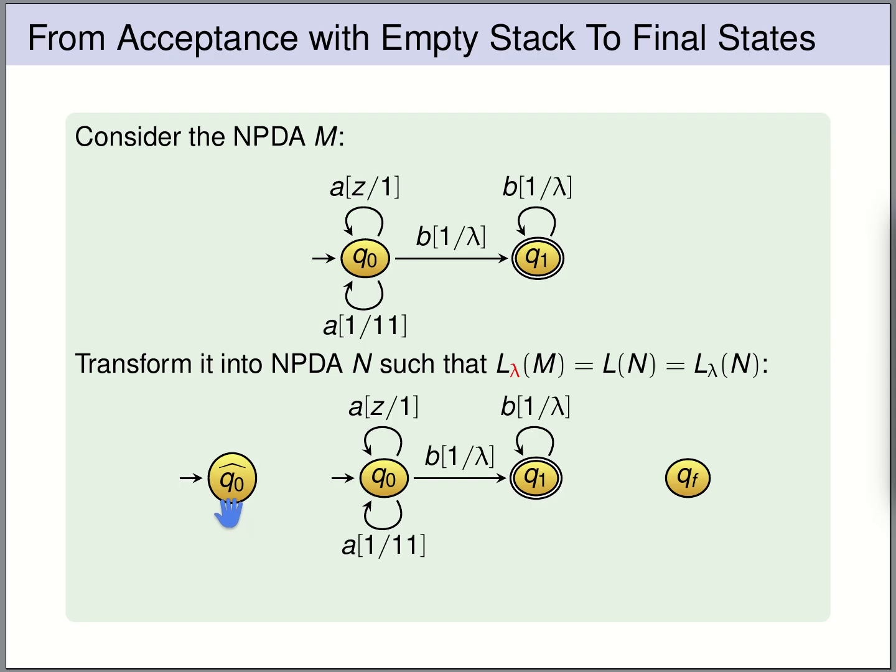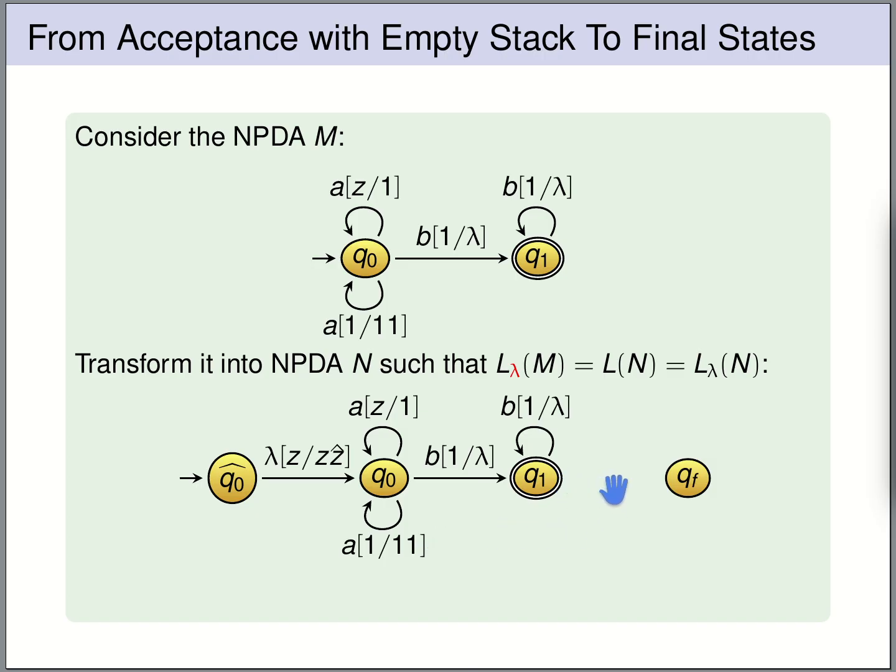From our new starting state Q0 hat, we add the transition to Q0, and as before, this transition puts on the bottom of the stack the symbol Z hat. So we have now a marker for recognizing when the stack is empty. And this marker cannot be removed by the old automaton because the old automaton doesn't know Z hat.